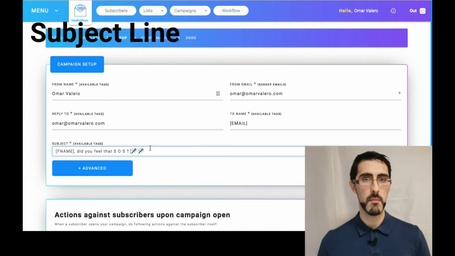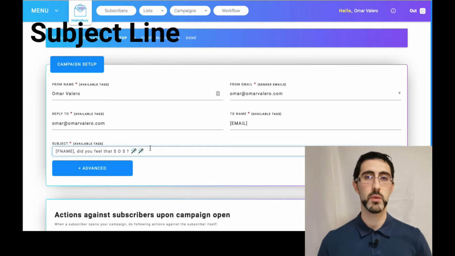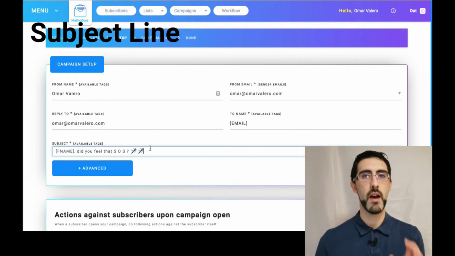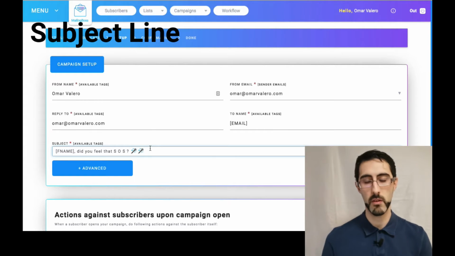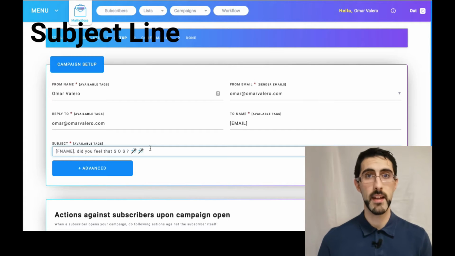So one trick about almost anything in marketing is to stand out. If you use emojis on your subject lines that are related to the subject, you will be more likely to be seen and get clicked.